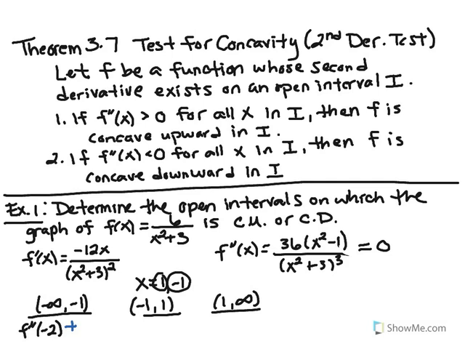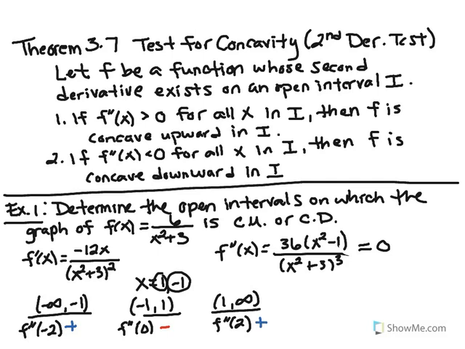For the next test interval, I'm going to use f double prime of 0, right smack dab in the middle, and this happens to be something that is negative. And then for the last one, I'm going to do f double prime of positive 2, and that gives me something positive.